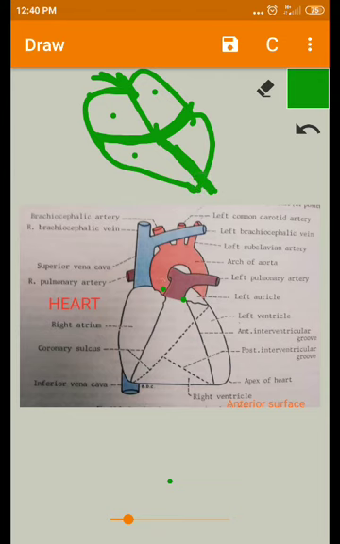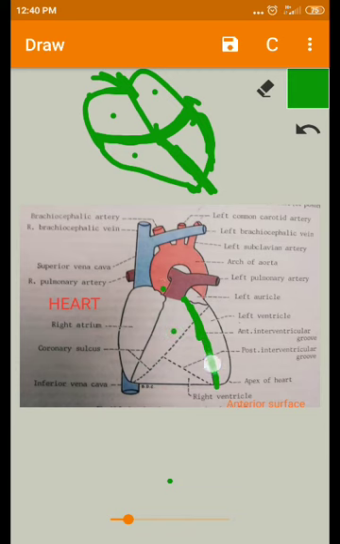The anterior interventricular groove is nearer to the left margin of the heart, and this runs downwards and to the left. Here we can see the anterior interventricular groove which is separating the right ventricle and the left ventricle.